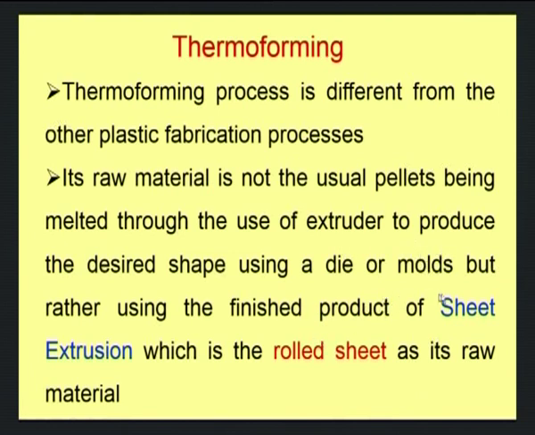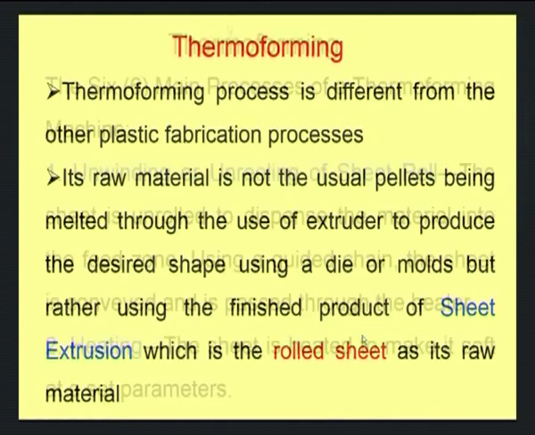But here, the raw material is a finished product like a sheet extrusion. So, thermoforming involves a raw material which is already the finished product from the sheet extrusion molding machine, which is normally in the form of rolled sheet.